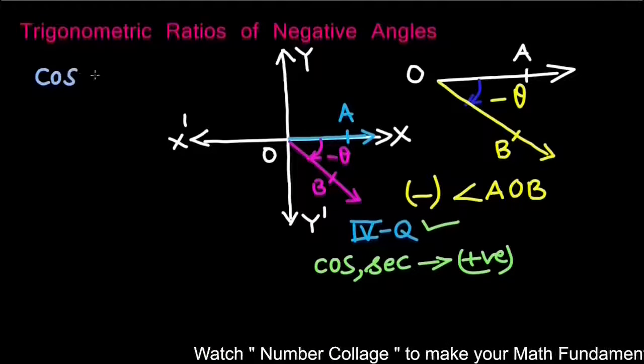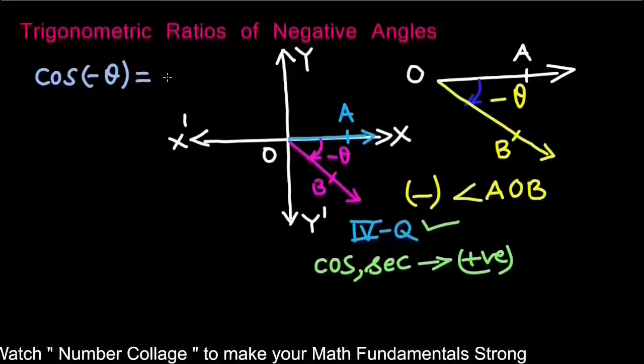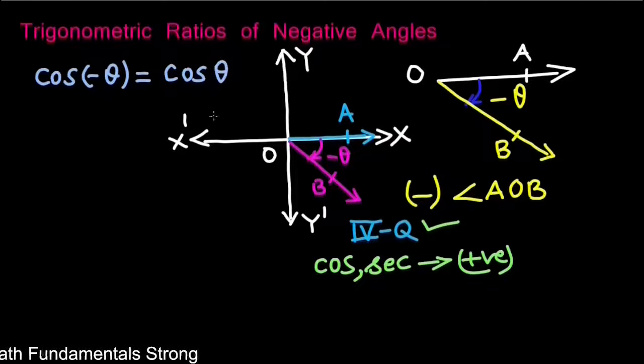Obviously, cos of minus theta will be equal to cos theta itself. The negative sign of the angle will not affect the sign of cos ratio.